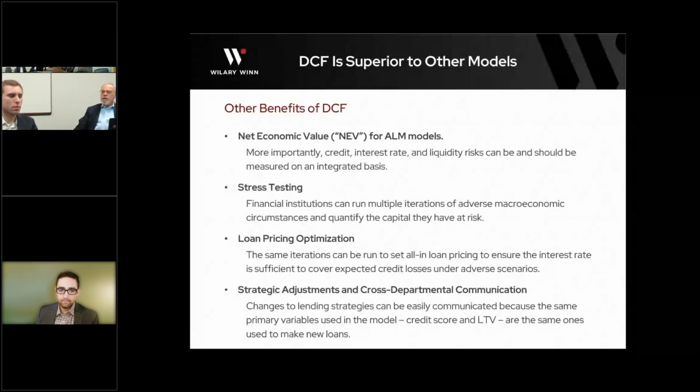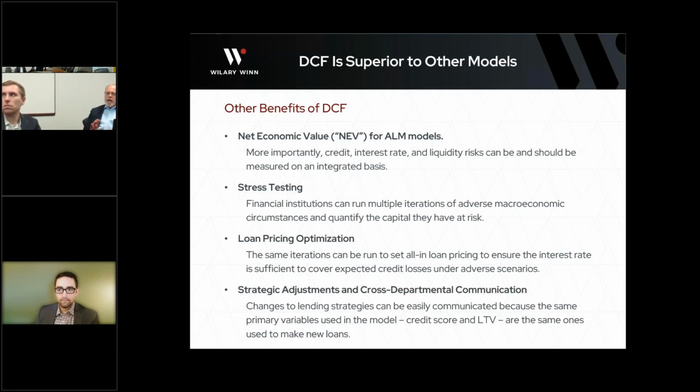I can think about loan pricing optimization. There's this pool of indirect auto loans with a 660 FICO score. Is the interest rate high enough to cover losses in a forecasted unemployment scenario that's twice as bad as today? How much capital do I have at risk?